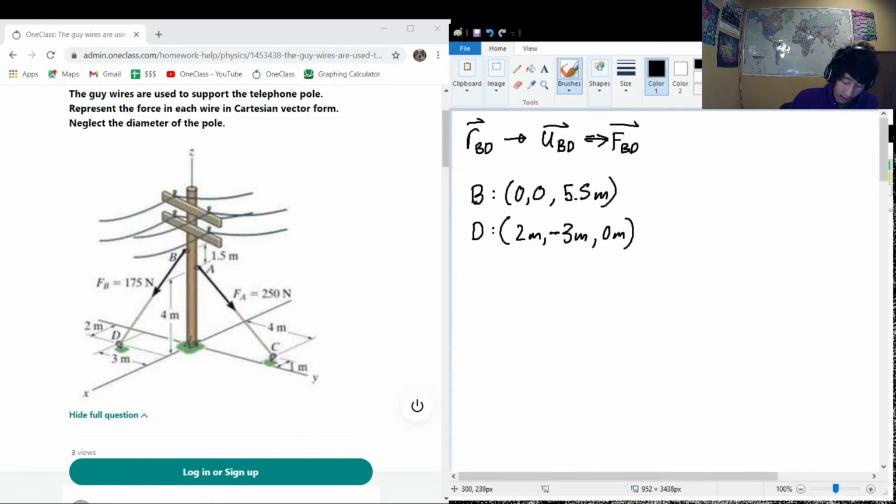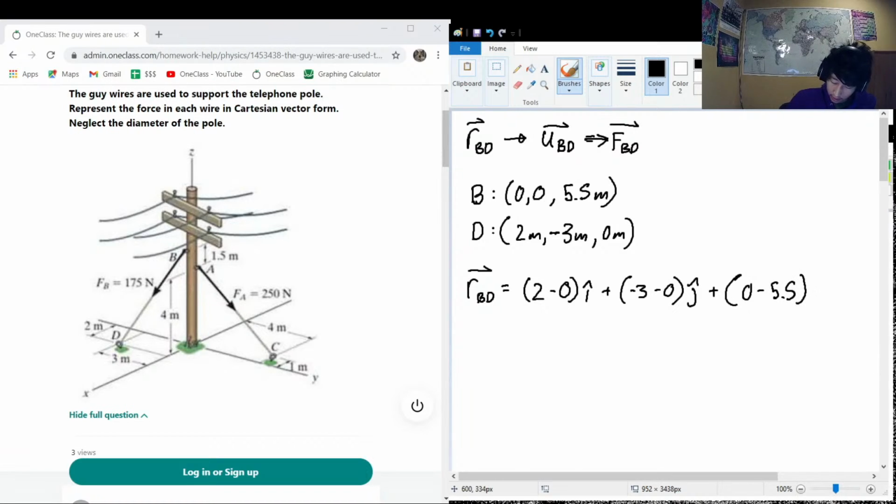Okay, so to get RBD, we shall do the destination minus the source in all of them. So we will have 2 minus 0 in the I direction, plus the destination is negative 3, where the start is at 0, minus 0, in the J direction, plus the destination is 0, minus the source, 5.5, in the K direction.